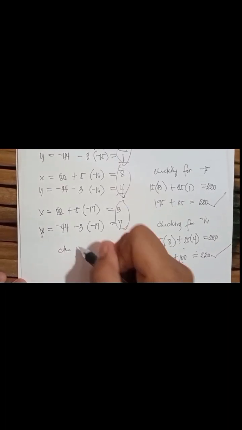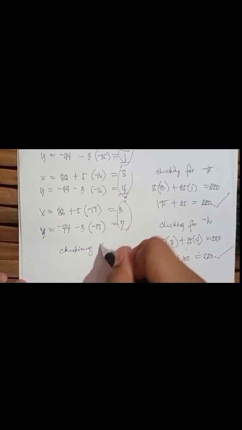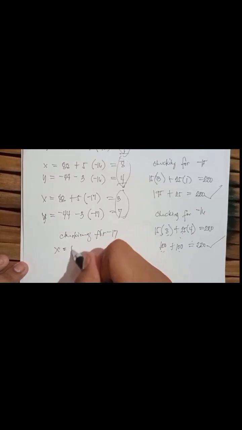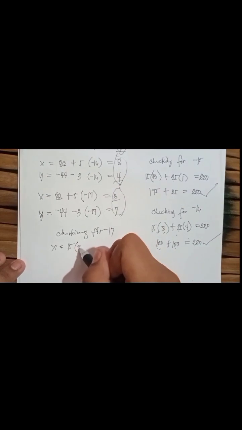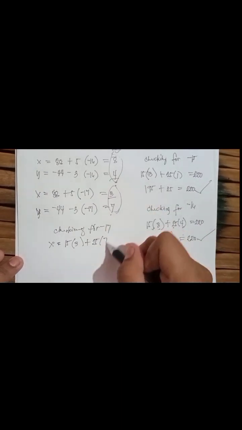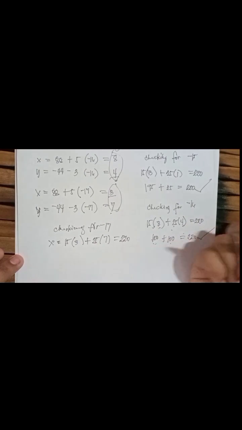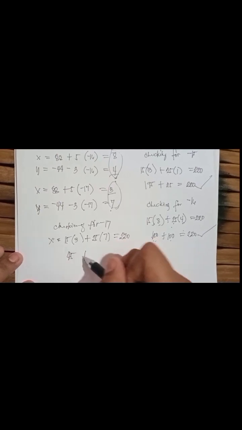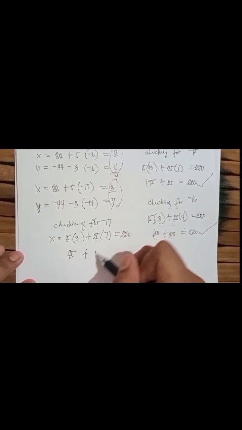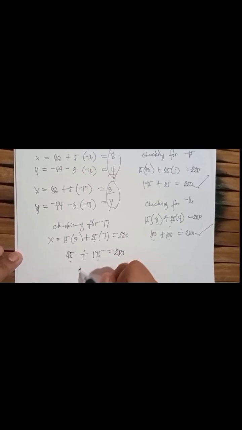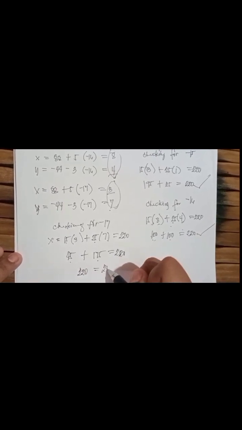Next is checking for negative 17. 15 times 3 plus 25 times 7 is equal to 220. 15 times 3 is equal to 45, plus 25 times 7 is equal to 175. 45 plus 175 is equal to 220.